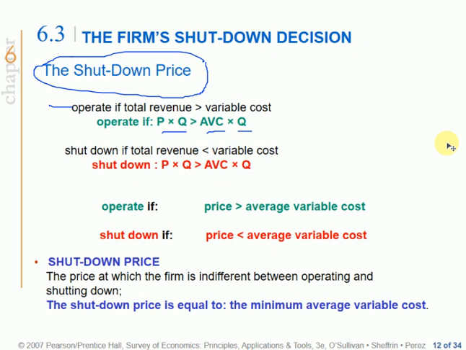And you shut down if total revenue is lower than variable cost.